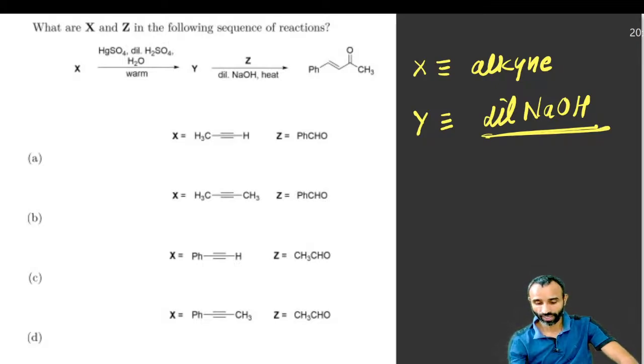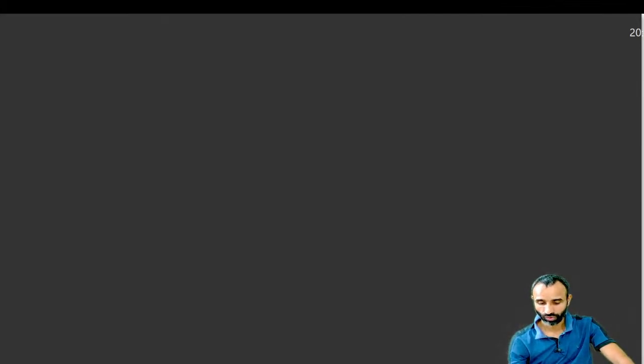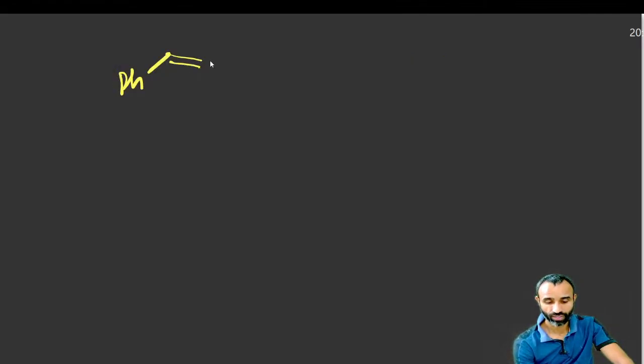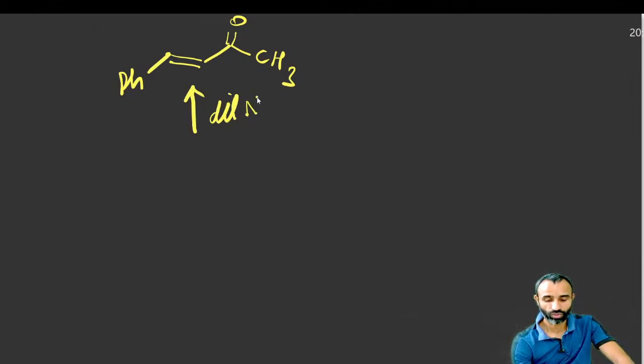So we can do retrosynthesis here. We start from the product. The product we have is PhCH=CH-C double bond O. Now it is formed by dilute NaOH, means aldol condensation is carried out.